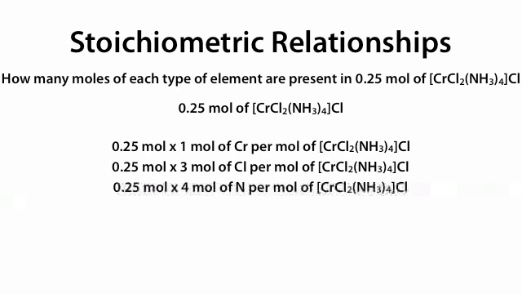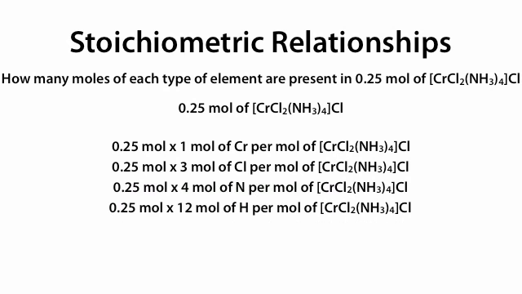For N, multiply 0.25 moles times 4 moles of N per mole of the compound. There are 4 atoms of N per molecule, therefore there are 4 moles of N atoms per mole of the compound. And again for H, 0.25 moles times 12 moles of H per mole of the compound. There are 12 atoms of H per 1 molecule of the compound, therefore there are 12 moles of H atoms per mole of the compound.